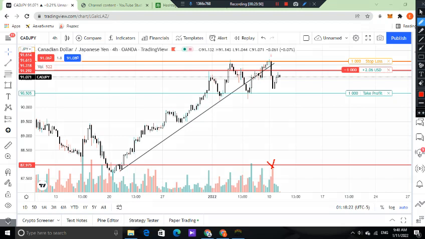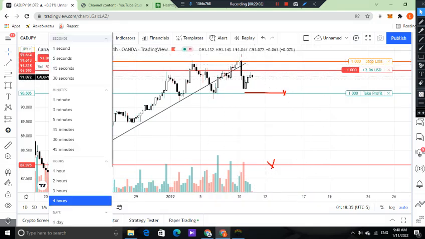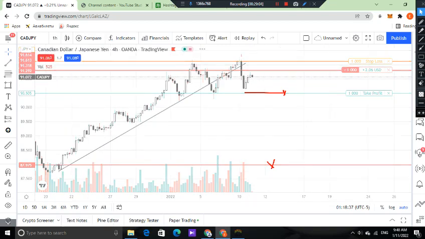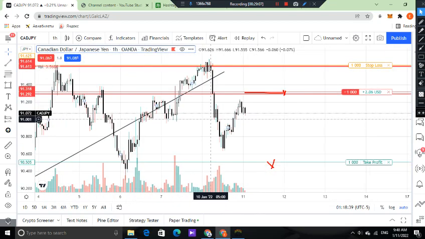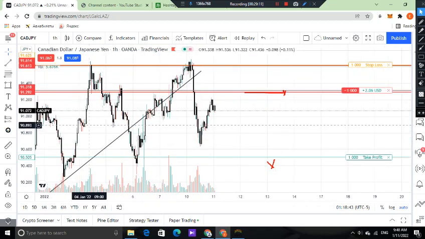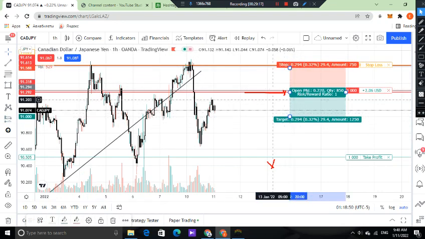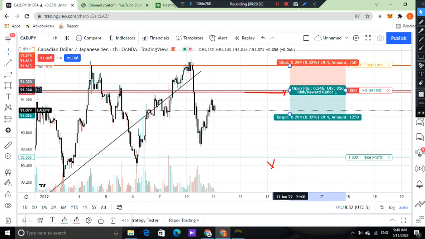I just want to take my profit at this point, and that's it. I put my stop loss above this top, and I have a good risk to reward. If you do the math, it adds up.